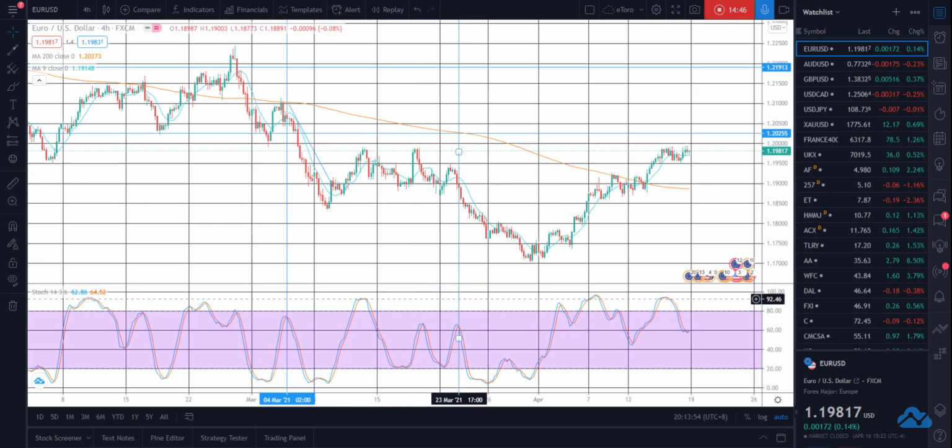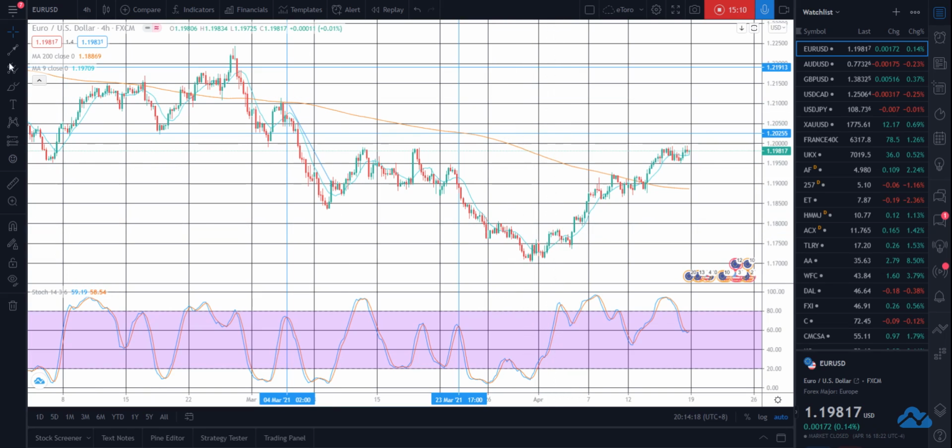Then, not really. So maybe this one is a good example. Yep, you can see we have a higher high, this one and this one, but here we have a lower high.